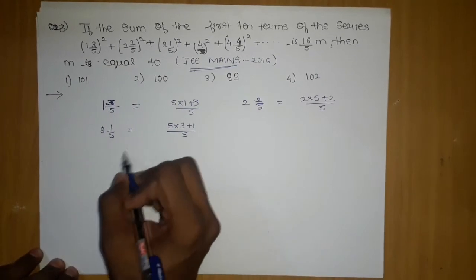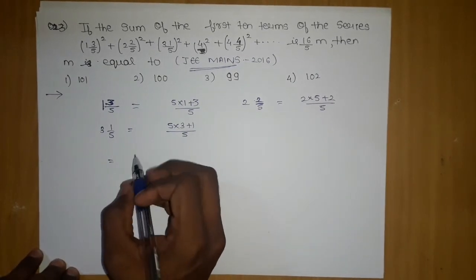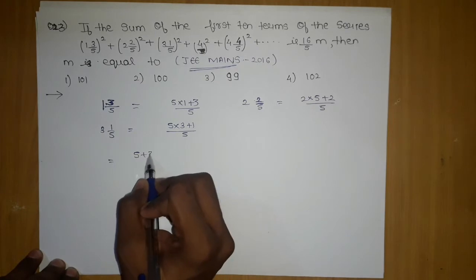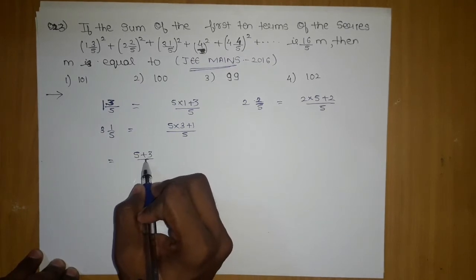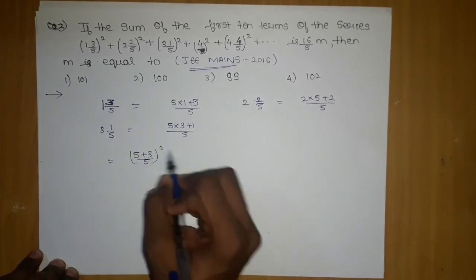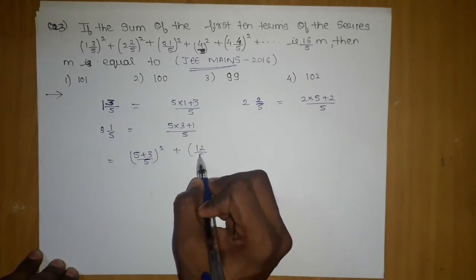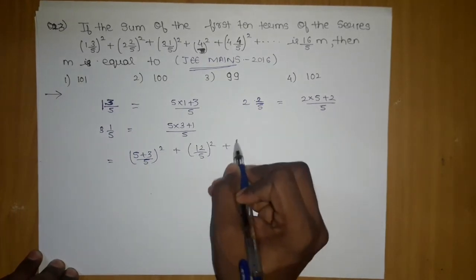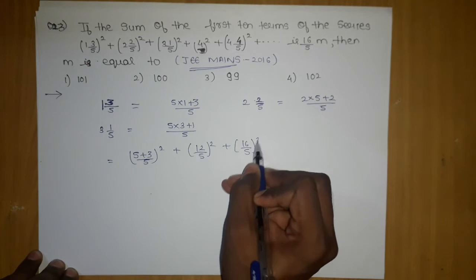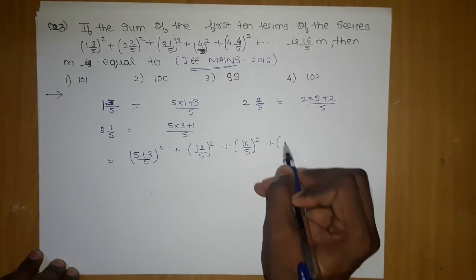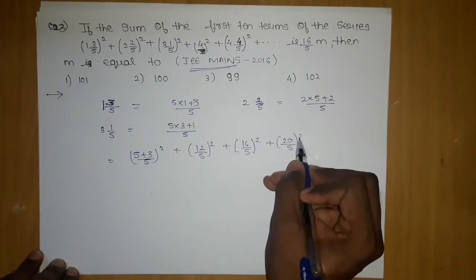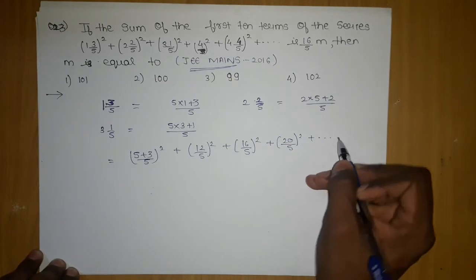If you don't know this, you cannot simplify this and you cannot proceed further to solve the question. Now if we simplify this, what are we getting? 5 plus 3, that is 8 by 5 the whole square, plus 12 by 5 the whole square, plus 16 by 5 the whole square, plus 20 by 5 the whole square, and so on.